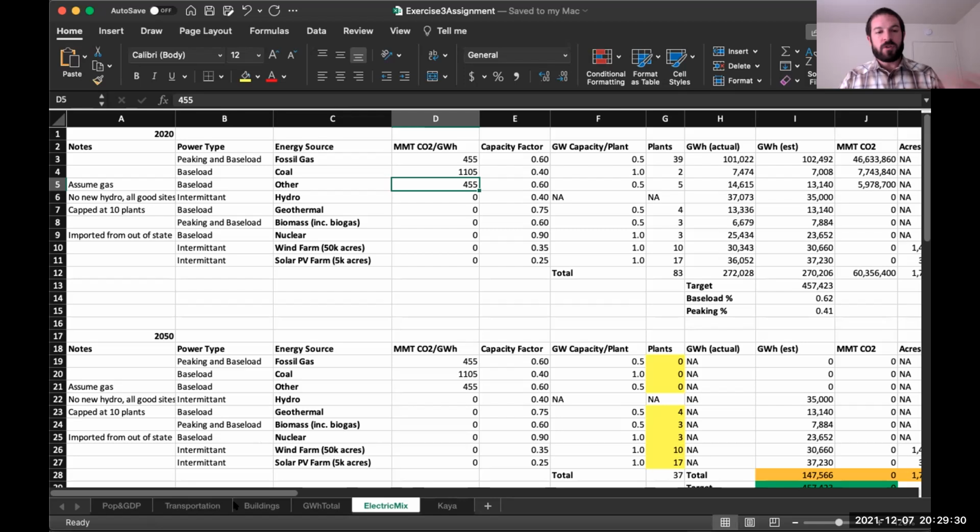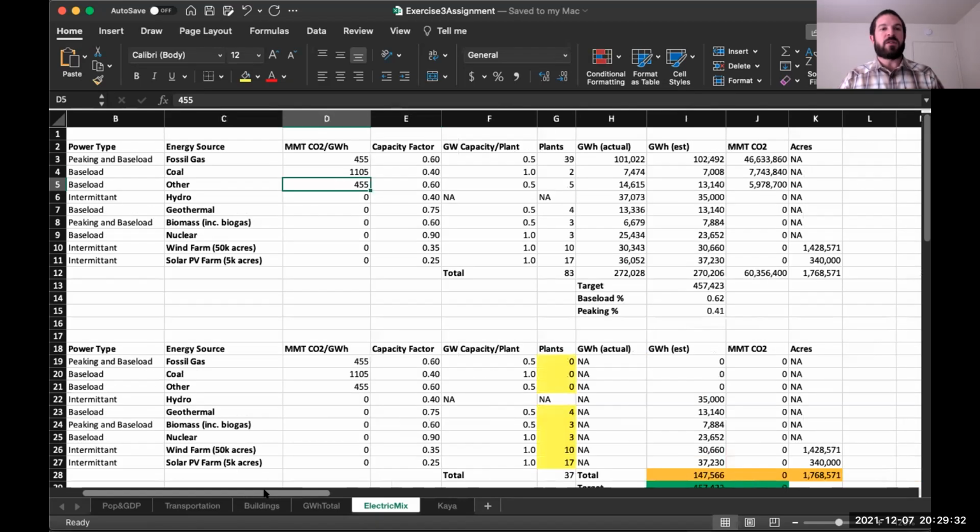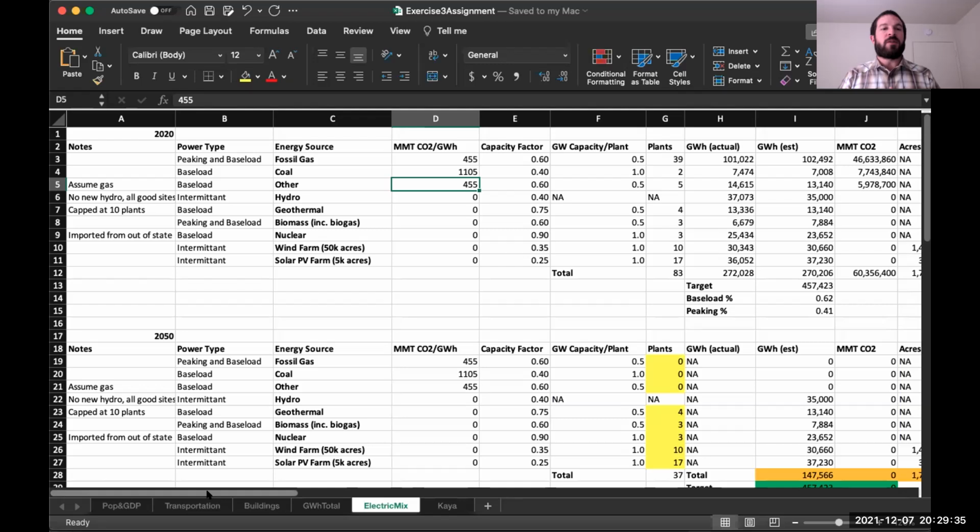The most straightforward assumption was that it worked out to be about natural gas. It was approximately what natural gas would be. Some of it's going to be coal, but some of it's going to be hydro.